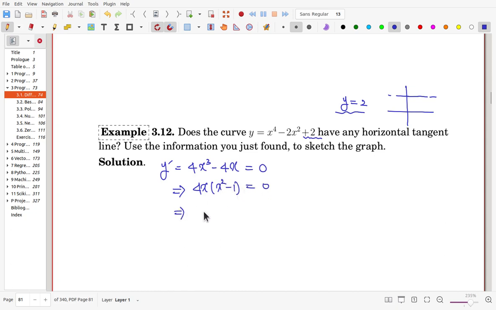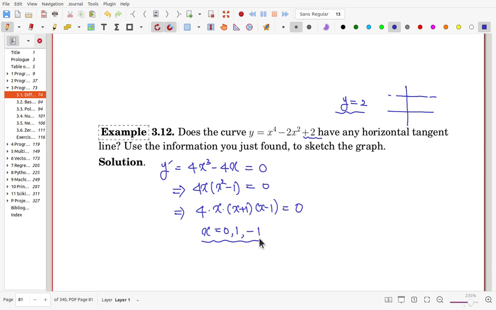So we have here 4 times x times (x plus 1)(x minus 1) equals 0, which means that when x equals 0 or 1 or minus 1, then the tangent line must be horizontal. That is the same as just the derivative is 0.